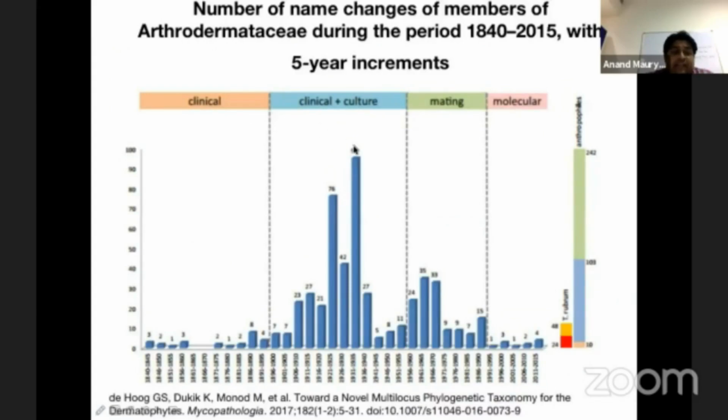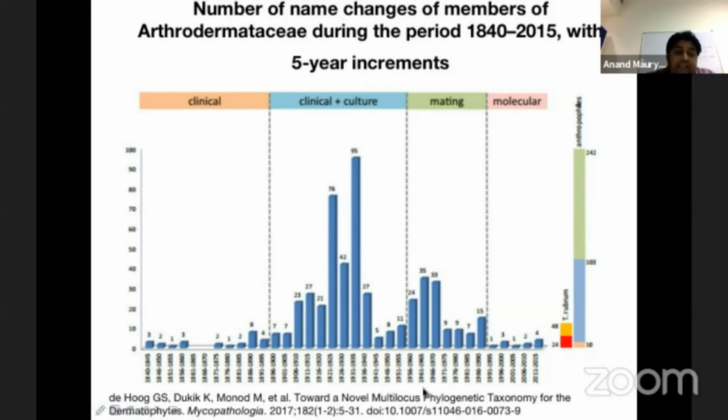In this, there is a number of name changes of the members of the Arthrodermataceae during the period of 1840 to 2012 within 5-year increments. You can see it is a very good graph. You can see there is clinical plus culture, mating, and molecular basis.